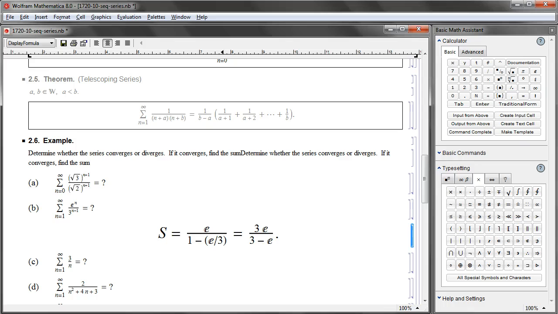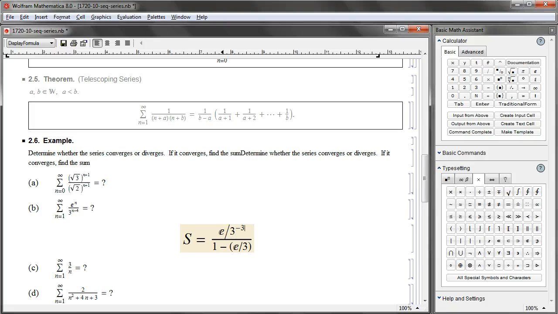What if I change this problem into, say, 3 to the n minus 4th power, for example? The r value will not change. e over 3 will be multiplied over and over again. But the first term will change. If you plug in n equals 1, then e to the first power is the numerator. And the denominator will be 3 to the negative third power.